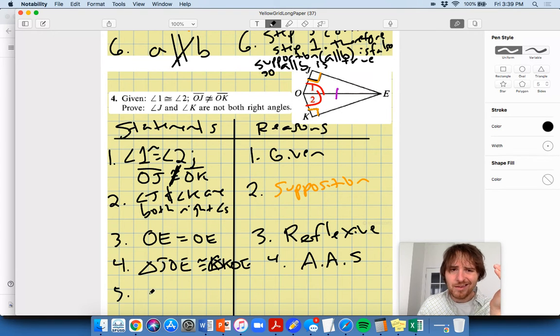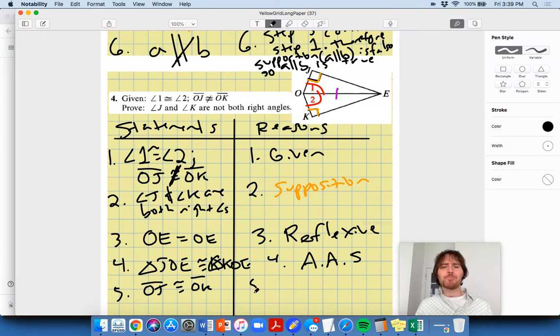Well, then OJ and OK would have to be congruent to one another, because these are congruent triangles, and corresponding parts of congruent triangles are congruent. CPCTC.